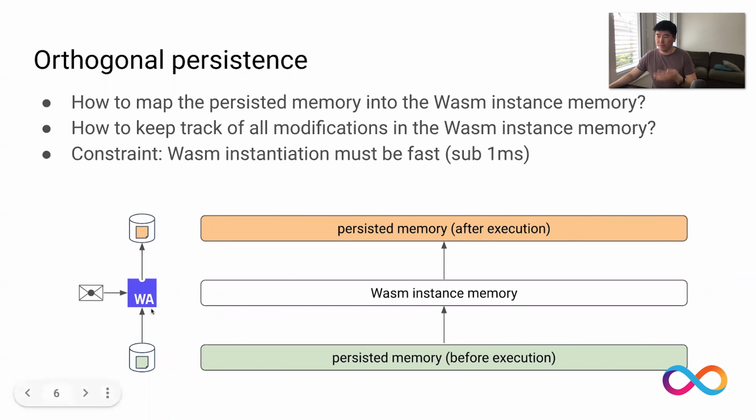For example, many queries and messages that touch only a few pages and execute only a few instructions. For those, we want the execution to be very fast, sub-millisecond, right? So everything from instantiating the WebAssembly engine to running the message should be fast.